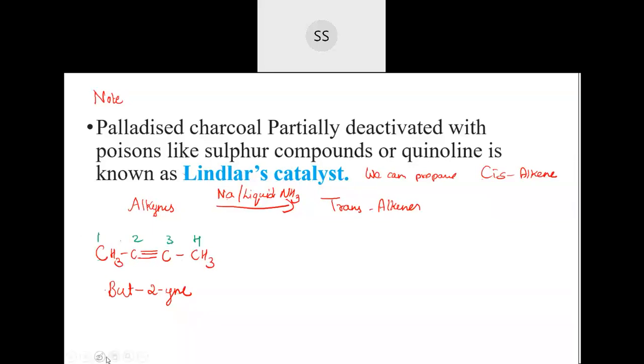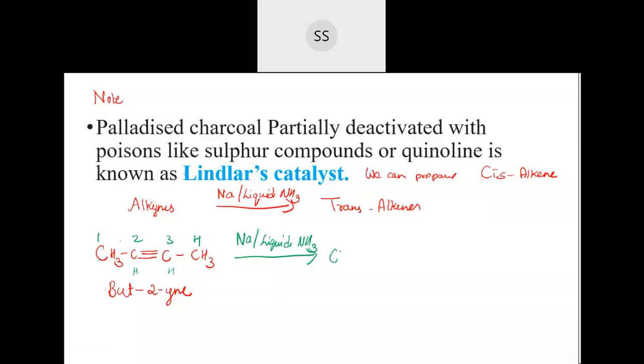So but-2-yne, if you are doing this reaction in the presence of sodium and liquid ammonia, hydrogen addition will take place. See, ammonia's hydrogen will be given out over here. So one hydrogen comes here, one more hydrogen comes this side, and this triple bond will break down.